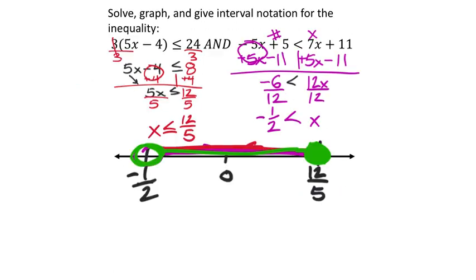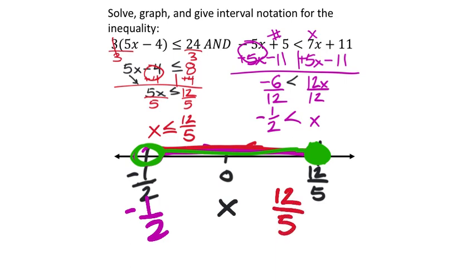All right, so on this next part, I've got the graph in green, but neither one of those inequalities is going to work on its own. Could we just put an and statement between them? No, this is where we need that compound inequality. We're looking at an x value sandwiched between negative 1/2 right there and also the 12/5 here on the right.